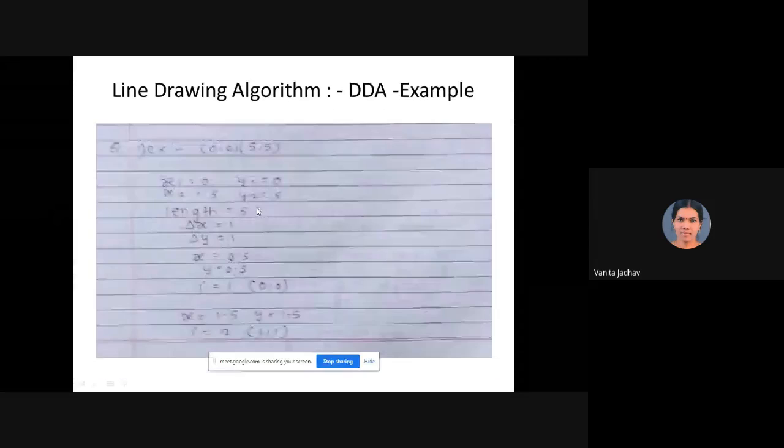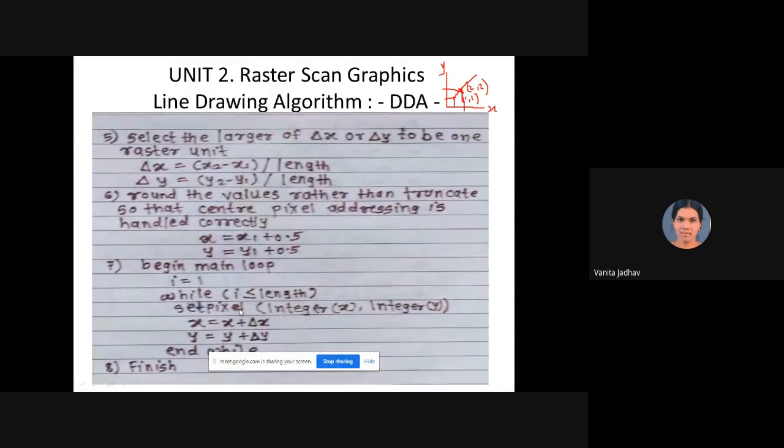Okay. So up to 4, 4 we came. Here we have plotted 4, 4. At that time the value of x was 4.5 and the value of y was 4.5.